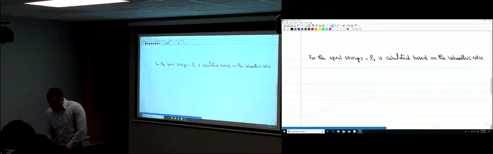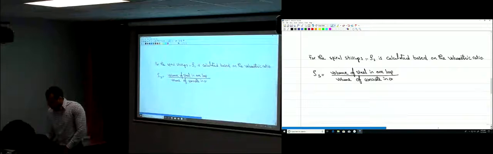So what does this mean? Rho S is the volume of steel in one loop divided by the volume of concrete in one loop.